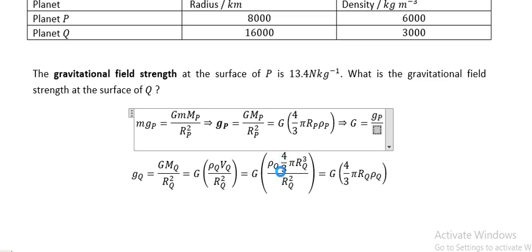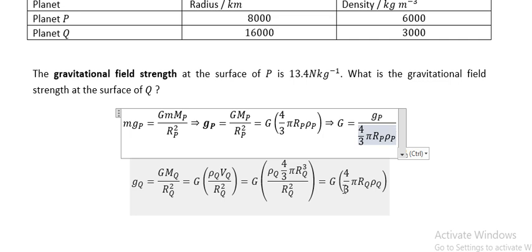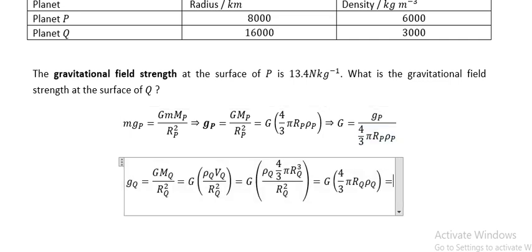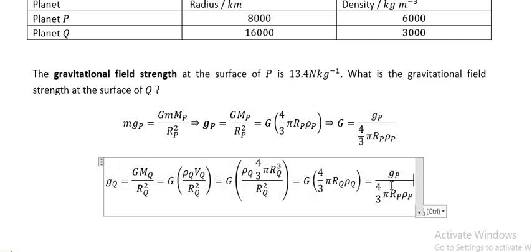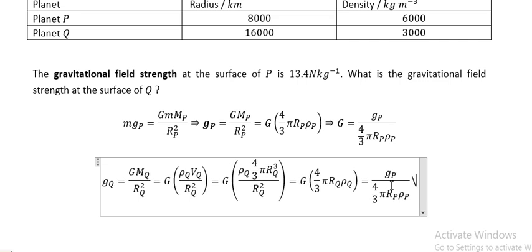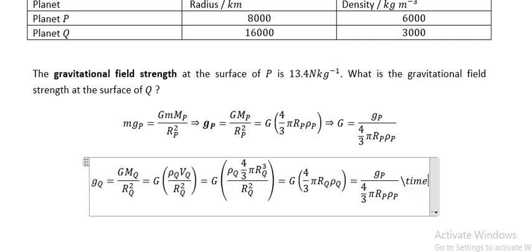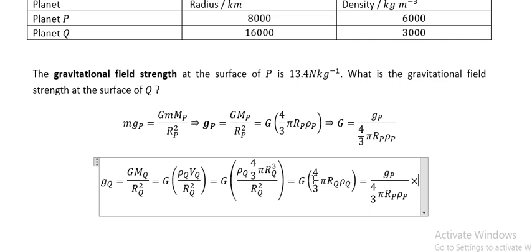So it therefore means that if we want to look for the gravitational field strength at Q, all we need to do is take our capital G we have found in the first equation and replace it in the second equation, and we simplify. Once we do that, automatically we are going to be able to find the value of the gravitational field strength. So this is my G. Then we are going to multiply it with this here.